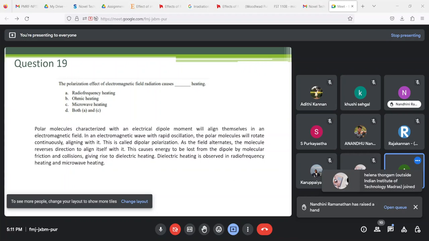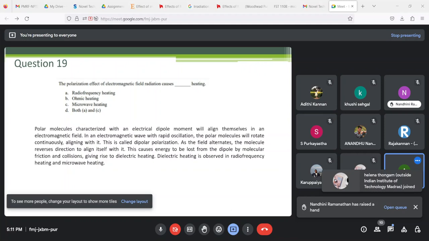Because of this reversing, the polar molecules inside your food will also keep trying to align with the continuously changing radiation.